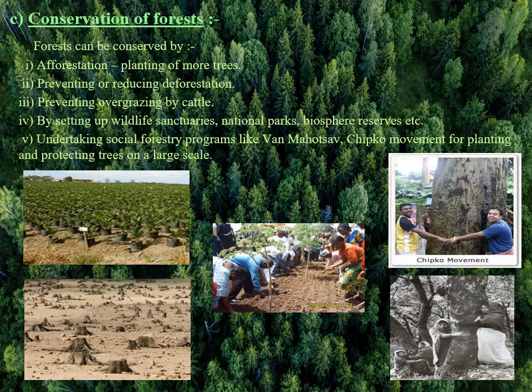And by setting up wildlife sanctuaries, national parks, biosphere reserves, etc., in and around the forest, like Bandipur. We know it is a forest area which has been set up as a wildlife sanctuary, or as a national park, or a botanical garden, etc., where we can save and conserve those forests.